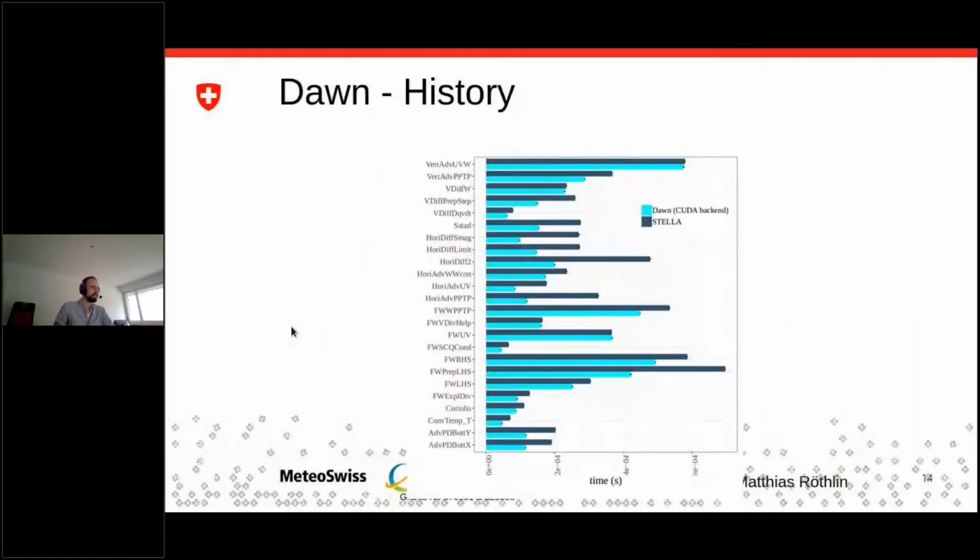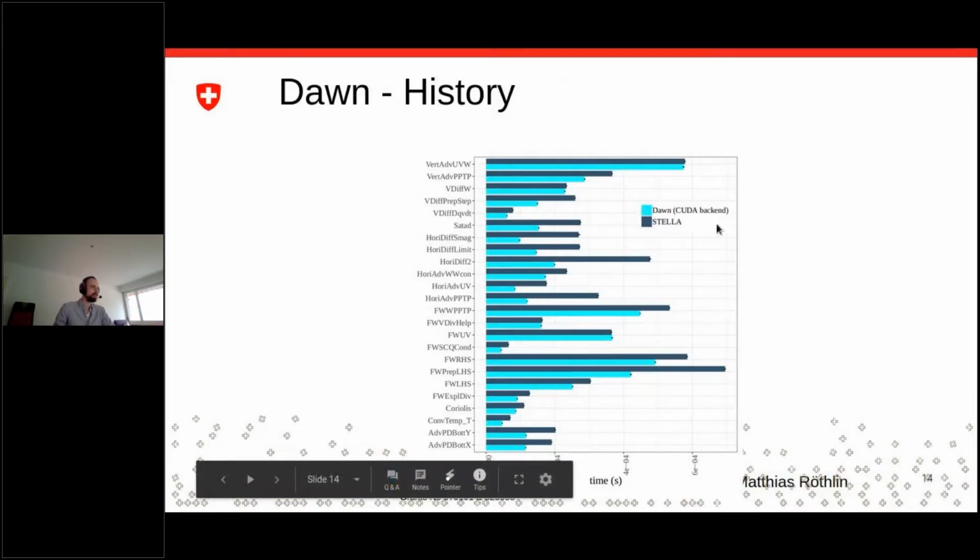A paper was published on this where performance was compared, and compared to the STELLA dycore, Dawn was always at least as good, and in some cases we saw very strong improvements. So that was fairly nice.